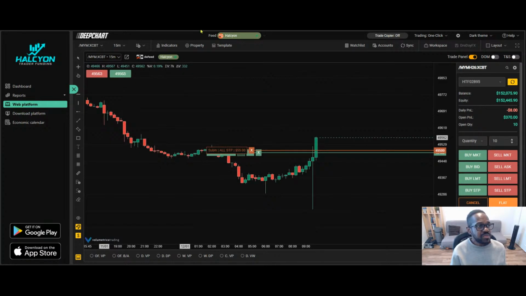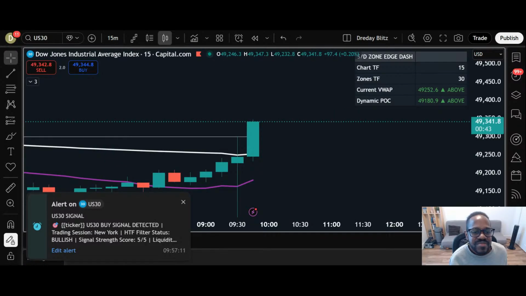So everything is looking bullish here, guys. So if we go back here on TradingView, we can see that we're clearly going up.